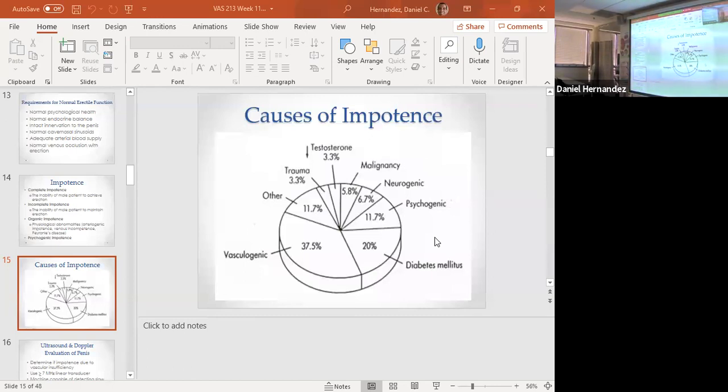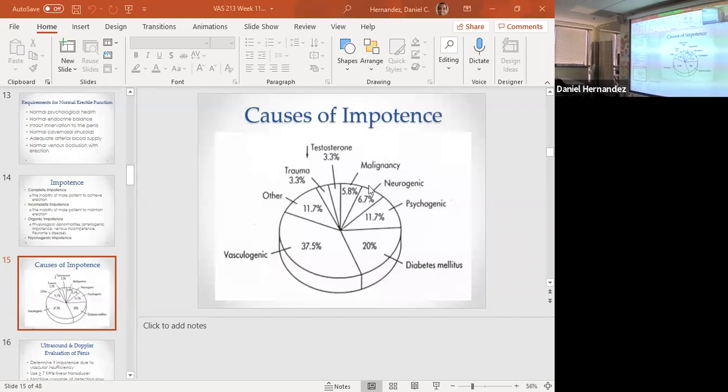So this is just a breakdown of causes of male impotence. Some of the things that stand out: diabetes, which would affect the arterial supply to the penis. Vasculogenic, so that would be other vascular issues, including venous drainage.